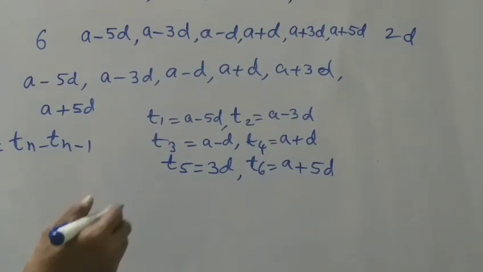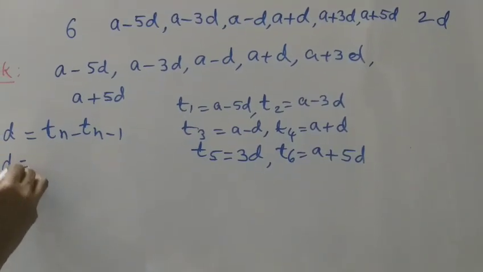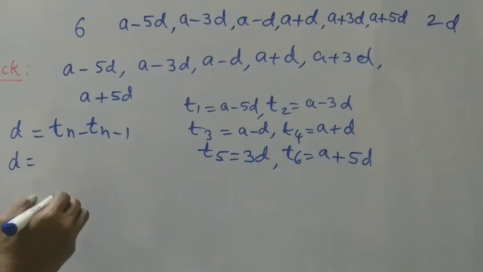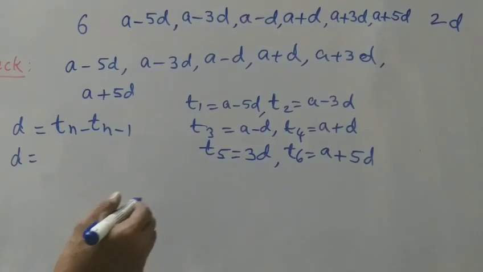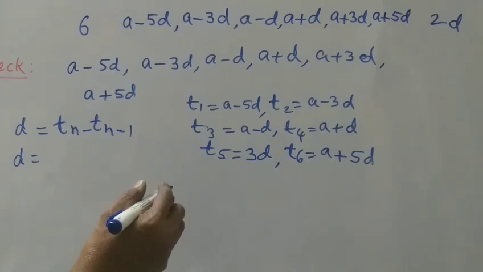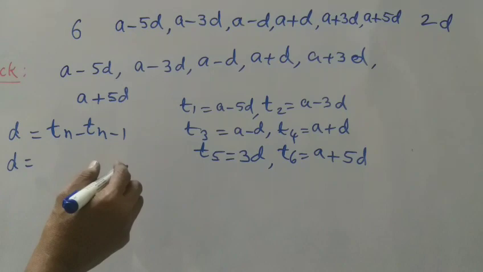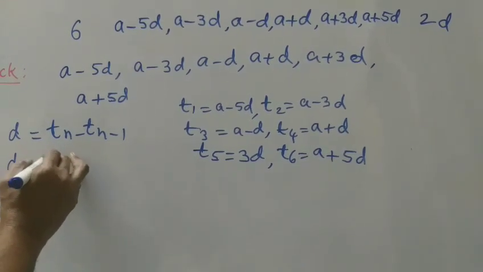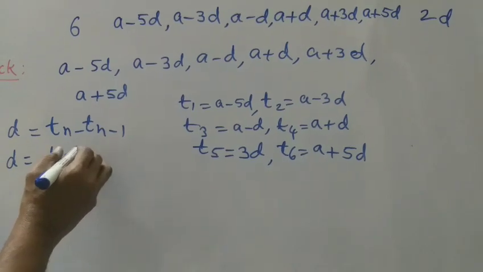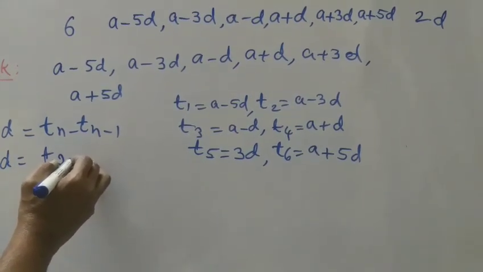So here also the common difference is equal to, when n is equal to 2, I am substituting here t2 minus t(n minus 1), it becomes t2 minus t1.